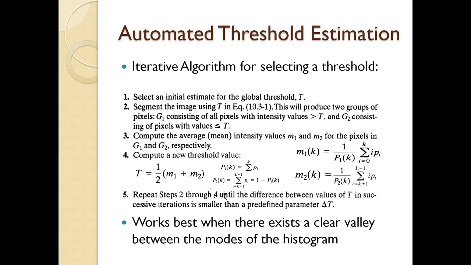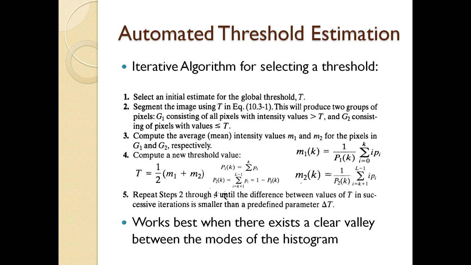you will repeat those steps, going from 2 to 4 in a loop until the difference between the newly computed threshold value and the previous one is smaller than the predefined parameter delta T. So delta T you can define basically as how much you want the threshold to be perfect or accurate.